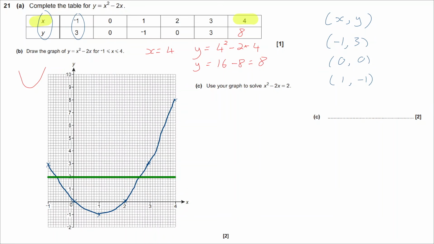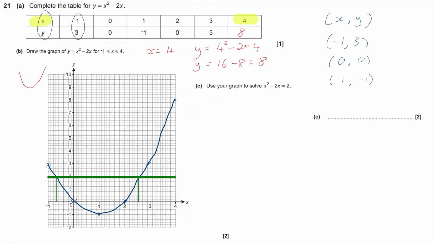And you want to go down and find your two solutions here and here. It's going to be an estimate because it's a freehand curve. You've got to estimate it as best you can. So to me, this looks about minus 0.7, I would say. You can have a range of values.